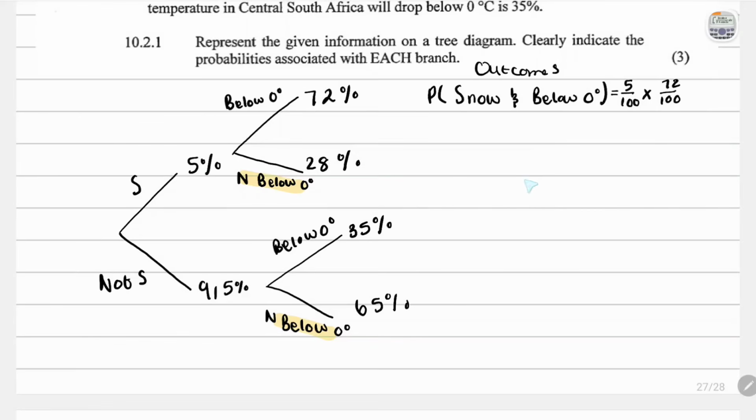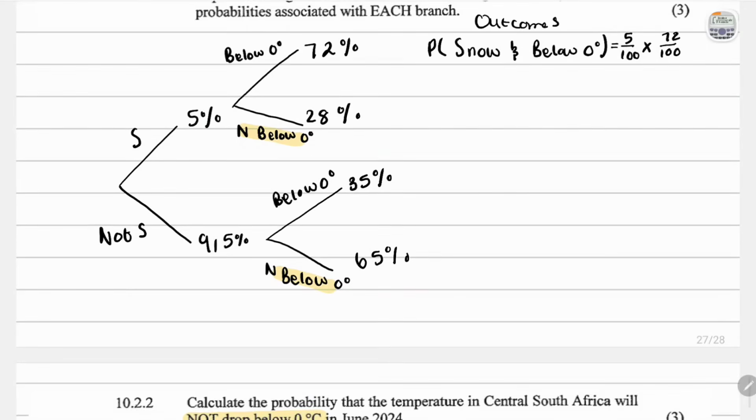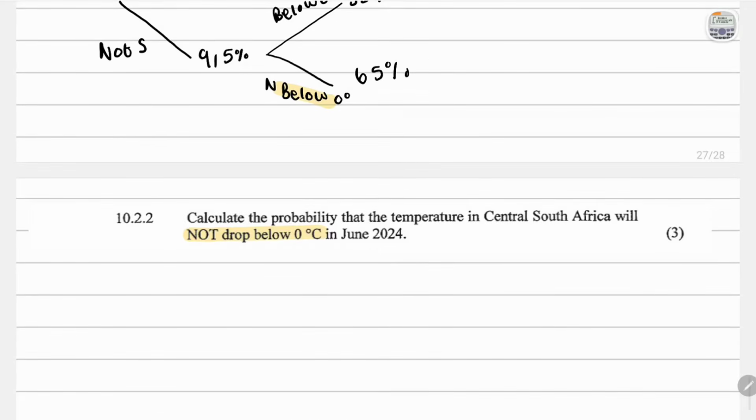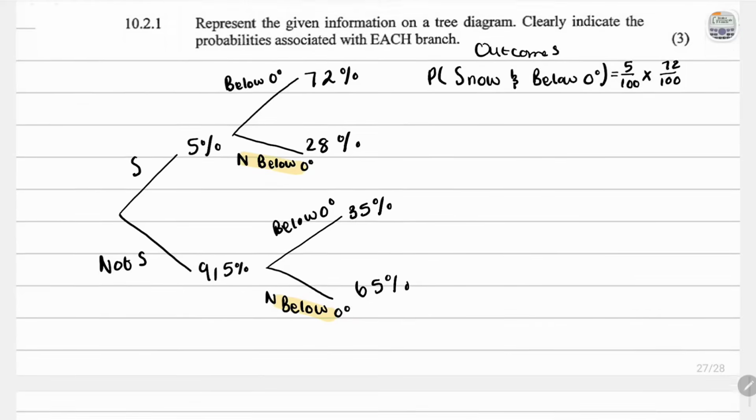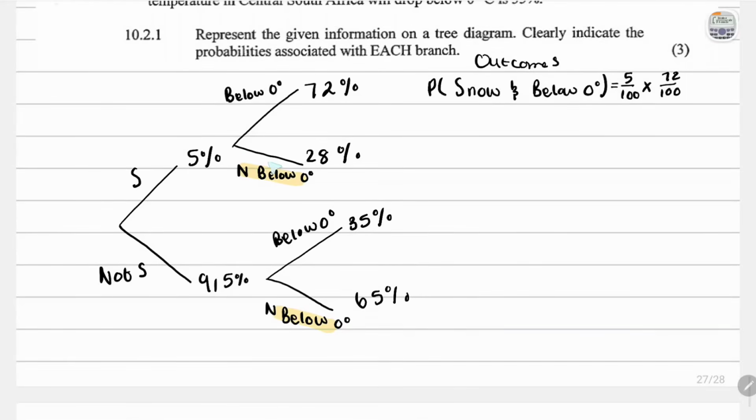Now we could multiply each and every outcome, but let's just stick to what they want. They want the probability that it will not drop below 0, so we're only going to look at these ones. This not below 0 is the result of, if it snows, the probability that it will not drop below 0 is 28%.